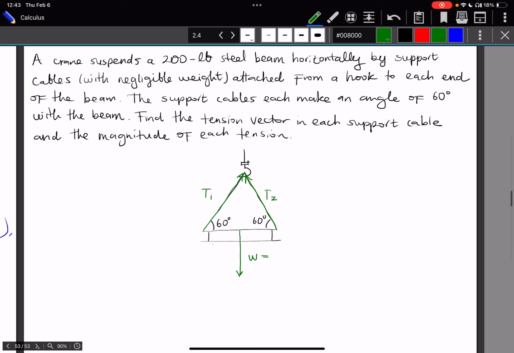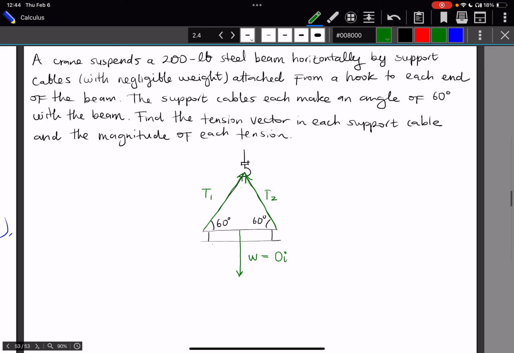Now to find that vector W, we're going to go with 0 as the first component because this force is totally vertical, pointing downwards. And we usually write that as 0i or just nothing at all. And then because this vector is pointing downwards, we have a negative component for the second component.